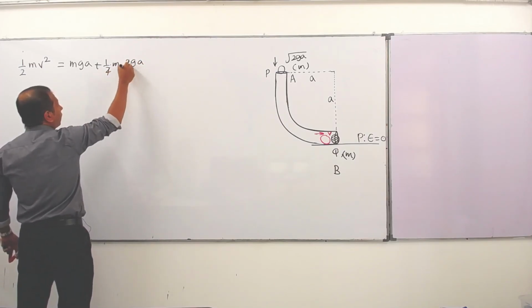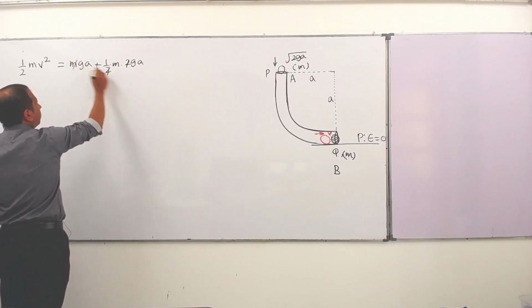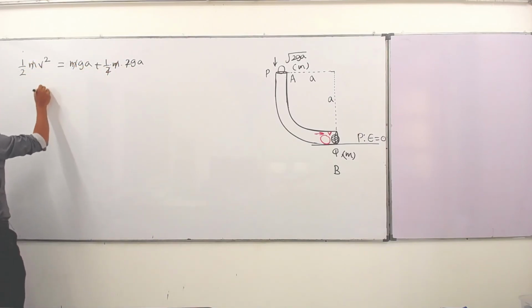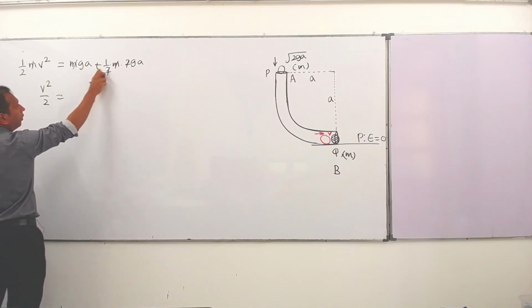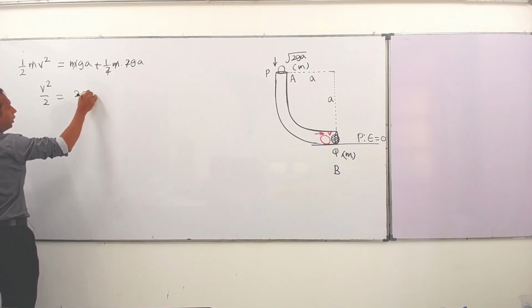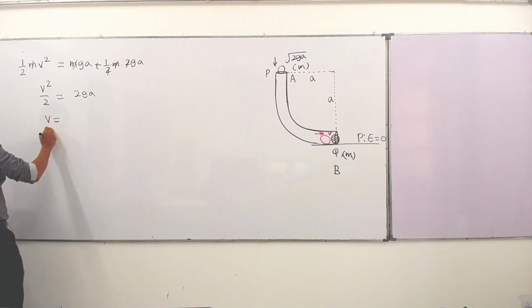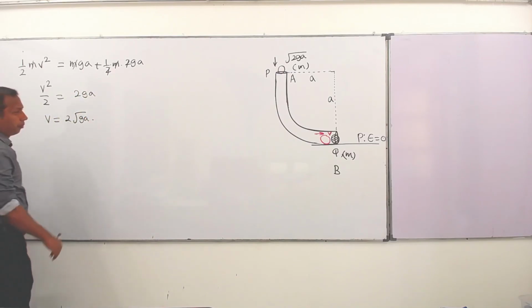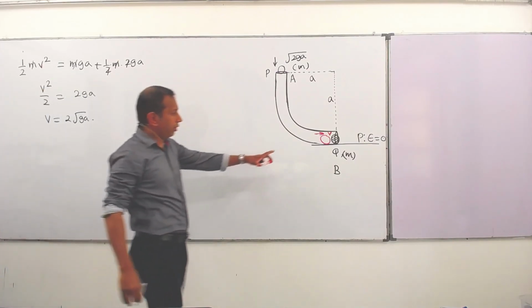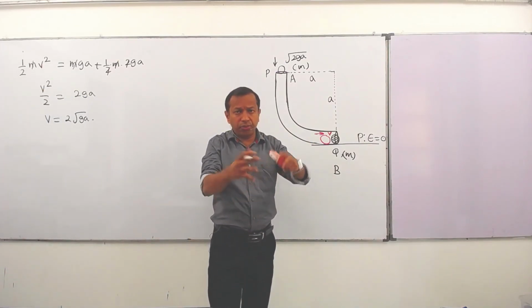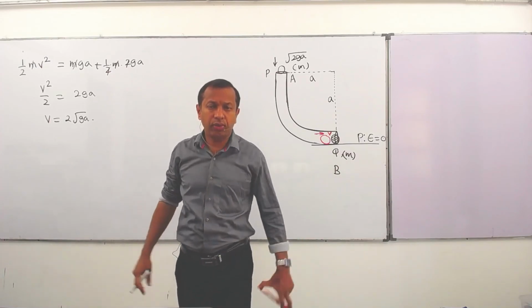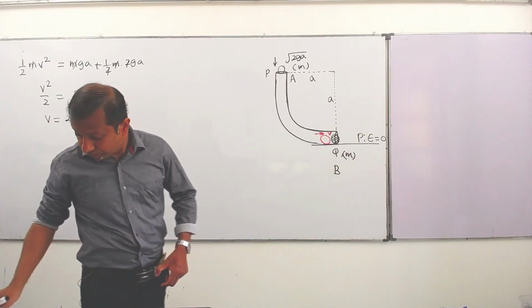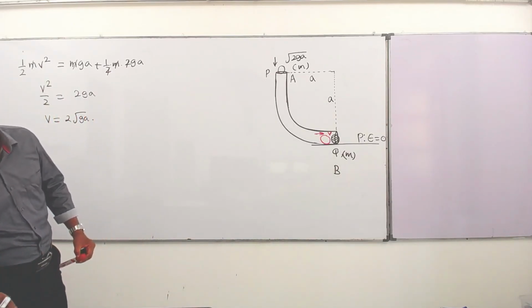In this and this you can cancel down, m also you can cancel down. V squared by 2 is equal to ga plus ga, which is 2ga. V equals 2 root ga. Then here the collision takes place, and after the collision both move together as one object. Coalesce means that.